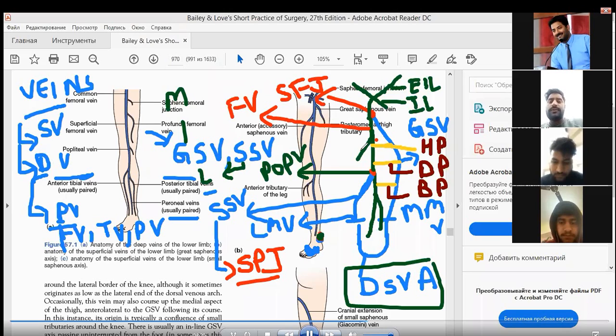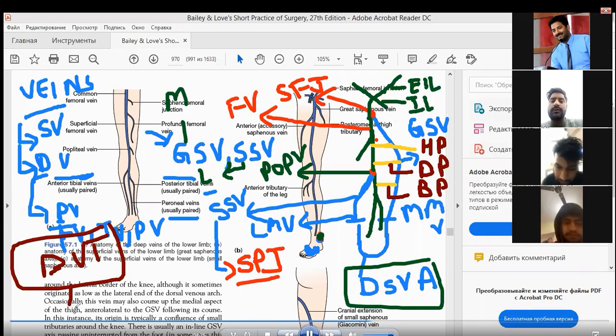Okay, so now see here. If anyone asks you what is deep vein thrombosis, DVT, the first thing you must tell is that the most common site of deep vein thrombosis is your calf veins, also known as soleal veins.